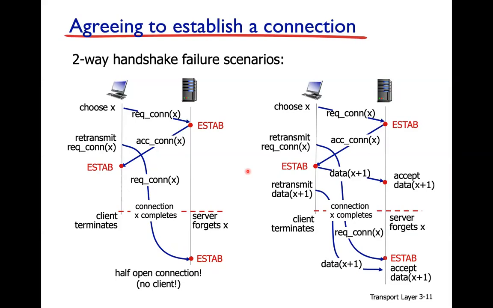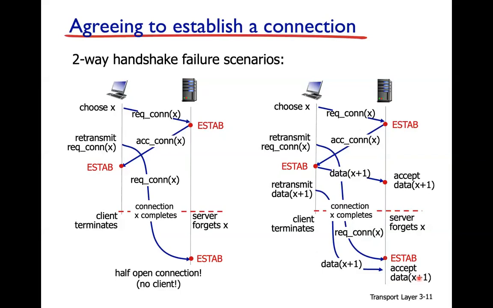If I have data that I retransmit, and the data is also retransmitted, then it will be accepted at the server side. This one is okay, but you accept data which does not belong to this connection. This data x+1, we call it leaky, because it does not belong to this connection.